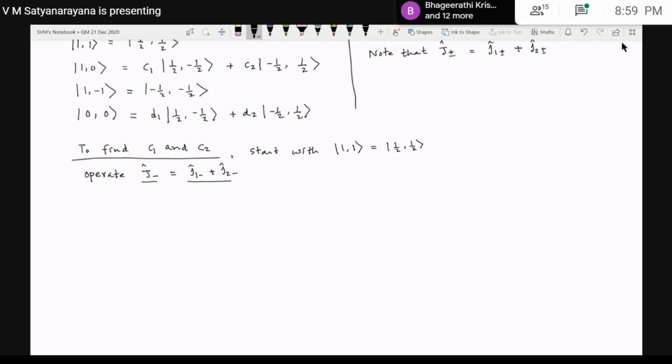So we have J minus operating on |1,1> is equal to J1 minus operating on |1/2,1/2> plus J2 minus operating on |1/2,1/2>.